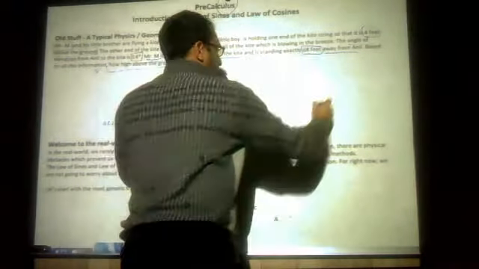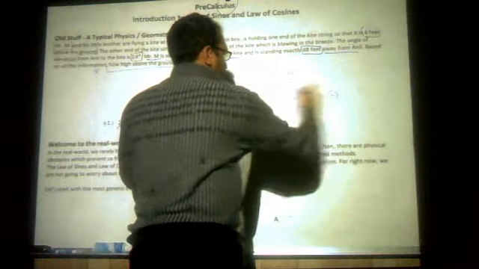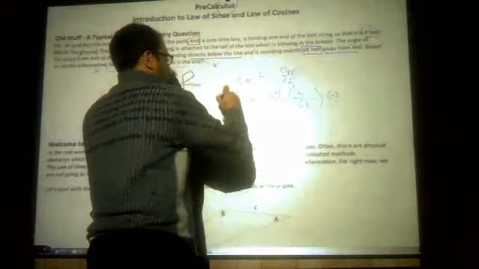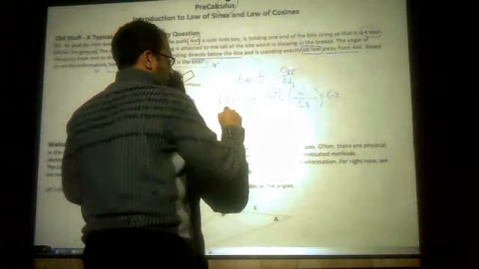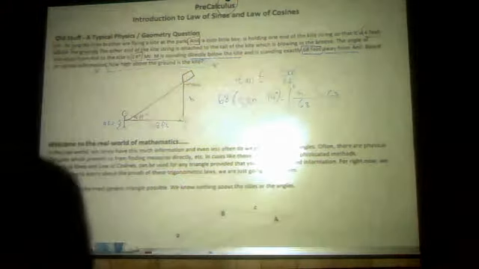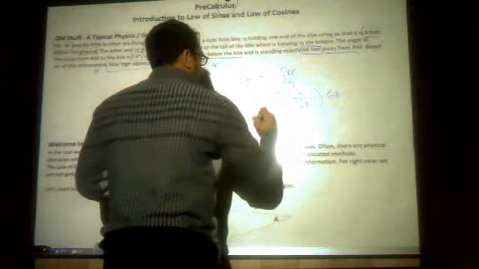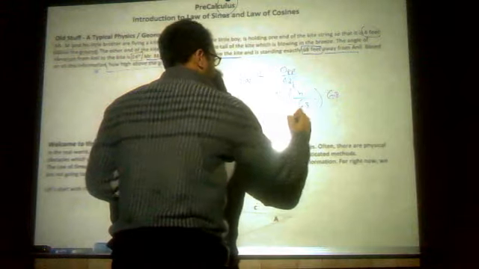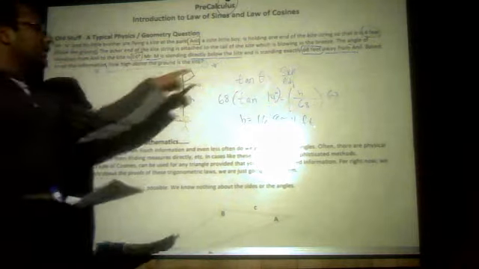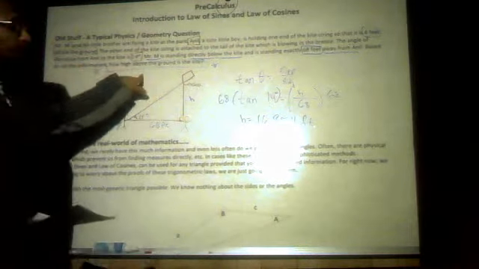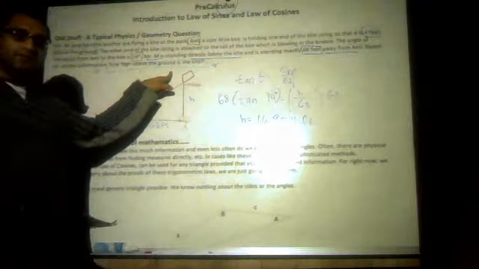To solve for your height, all you have to do is multiply by 68. When you do that, you're going to end up with the height equal to 16.954 feet. Is this how high above the ground the kite is?